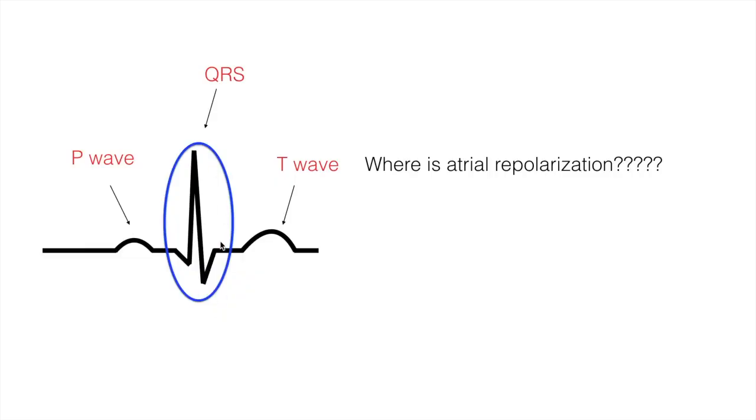As you can see, the QRS complex, it's a tall structure. Because ventricles tend to contract stronger than the atria, they tend to mask the atrial repolarization. And so, that being said, atrial repolarization and relaxation takes place after the P wave, which can be found within the QRS complex.